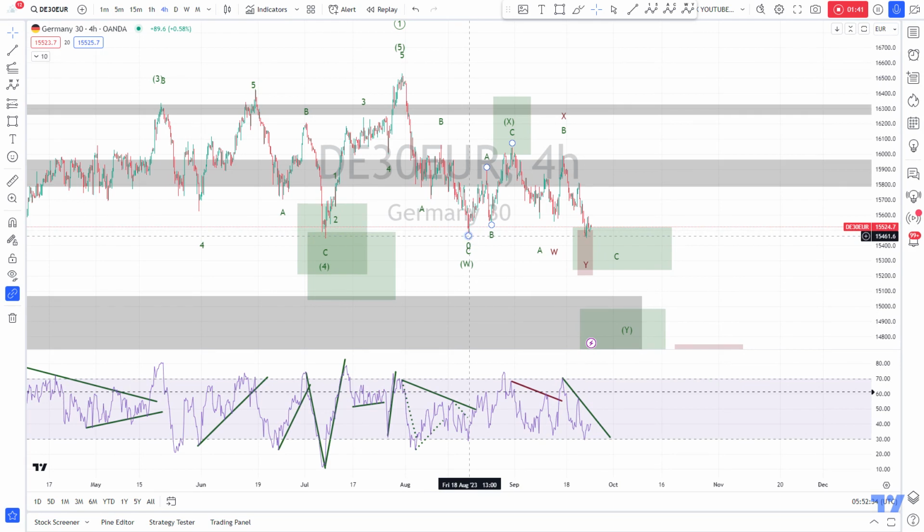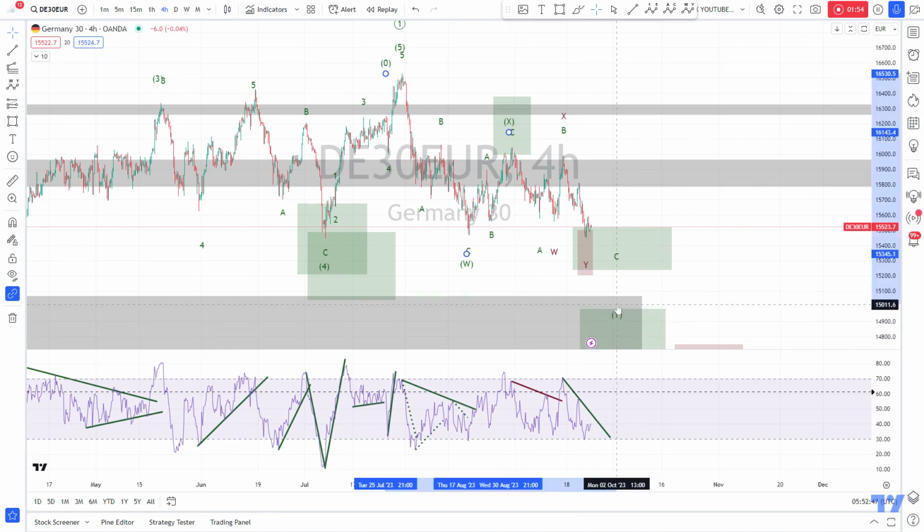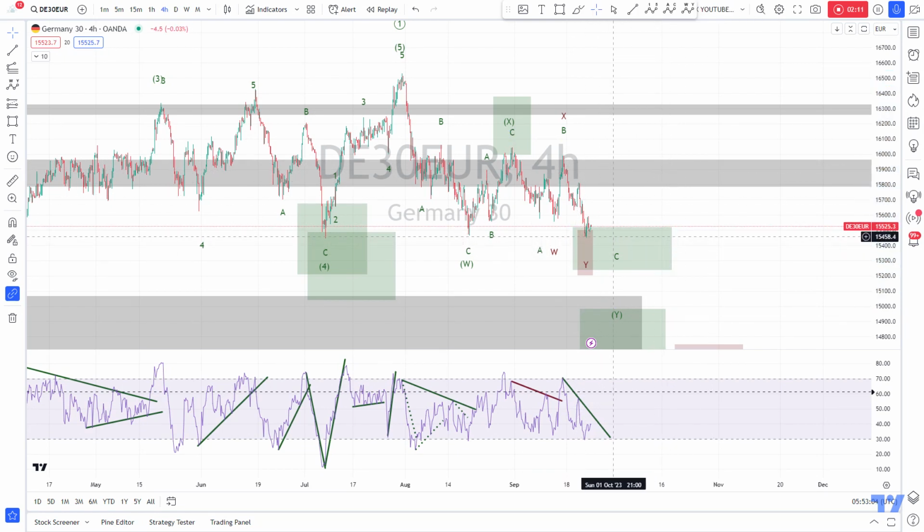So that could mean that we have an ABC here as a wave W, ABC as a wave X, and then as a wave Y, another ABC, which would look like this: the wave A, then an expanded flat structure here as a wave B, and then again a wave C down here into this area.